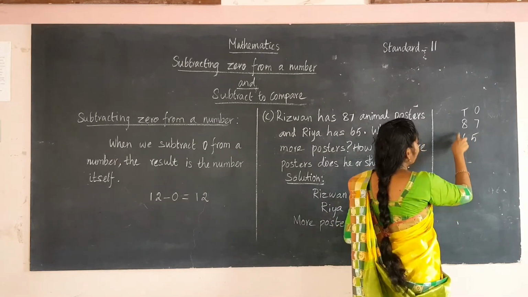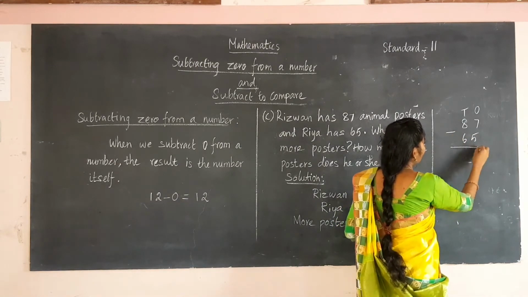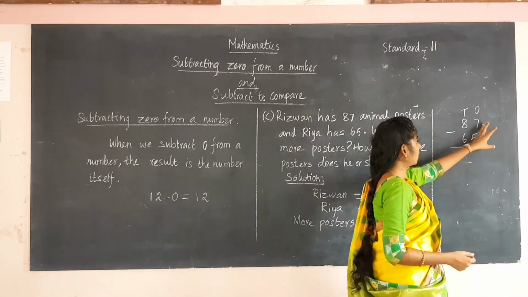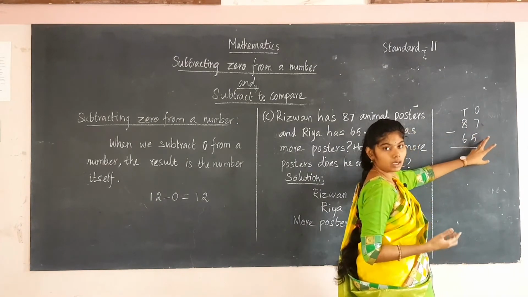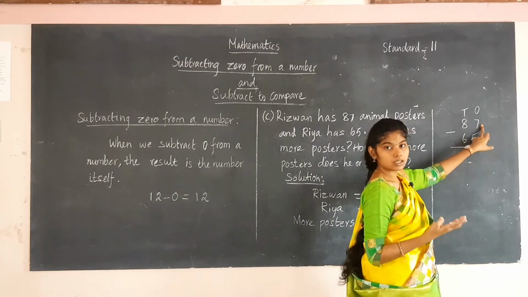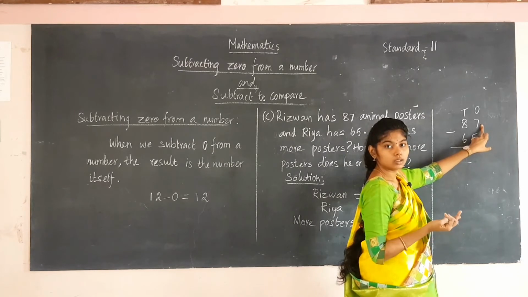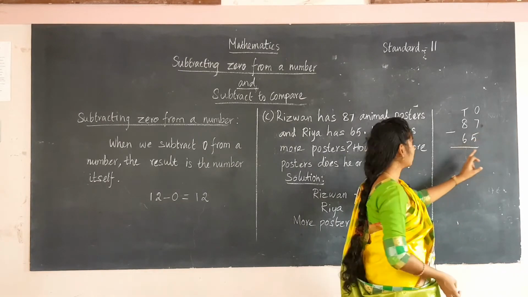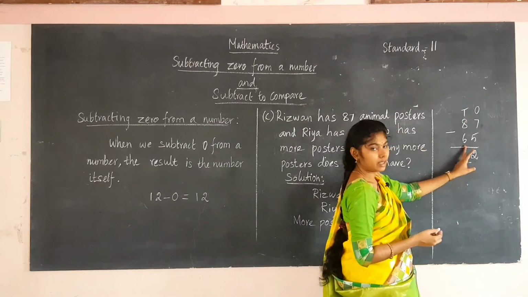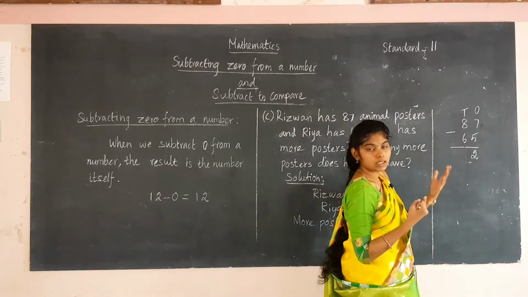Now we have to subtract these two numbers. How will you subtract? First in the ones place and then in the tens place. Keep 7 in the mind, the first number, and the second number on the fingers. Say the numbers before 7: 6, 5, 4, 3, 2. So write 2 in the ones place. Then subtract the tens place numbers. 8 in the mind and 6 on the fingers.